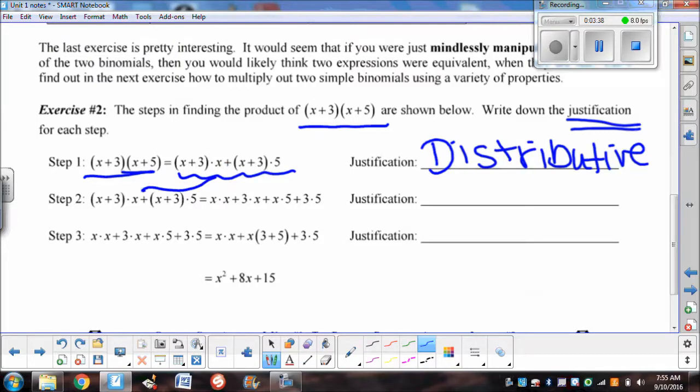They didn't change anything, they just rewrote it. How did we go from the left side to the right side over here? It looks like now we have x times x plus 3 times x plus 5 times x plus 3 times 5. Again, the distributive property.